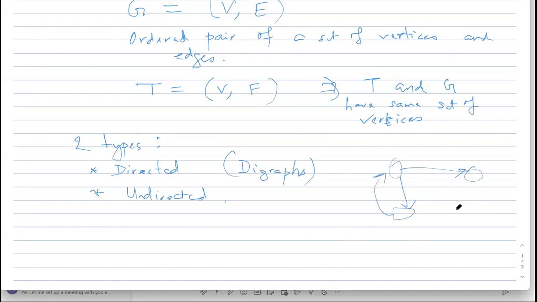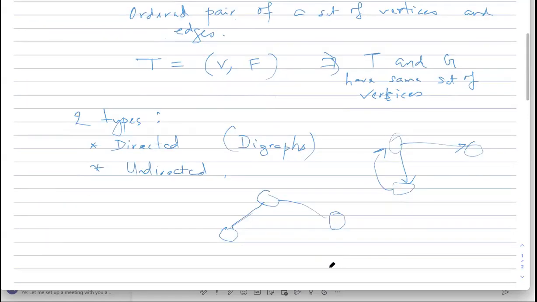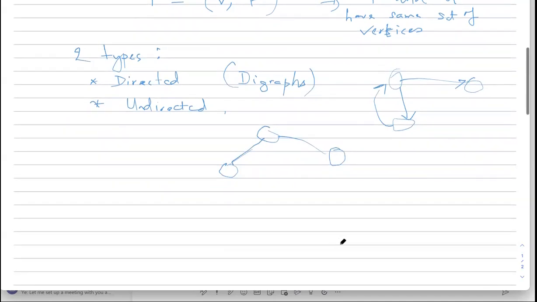This is a directed graph. And if you have nodes but you do not draw an arrow, no directional sense, then this is an undirected graph. So you saw that in trees, there was no notion of directed or undirected.